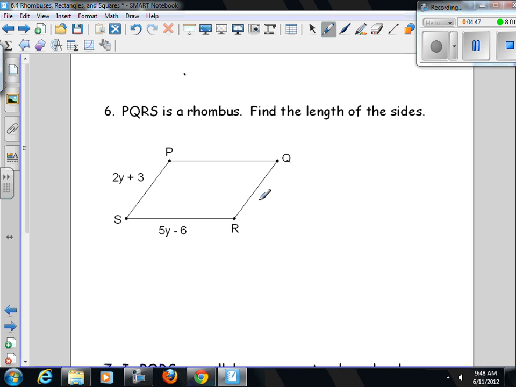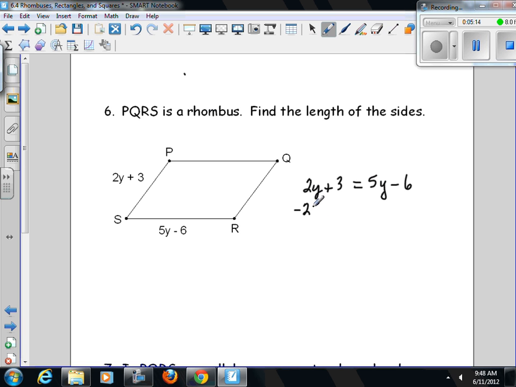PQRS is a rhombus. Find the lengths of the sides. Now this is obviously not drawn to scale because in a rhombus all the sides are congruent. So in this case, we know that 2y + 3 would have to be equal to 5y - 6, since the sides are congruent. First, we have to find what y is.